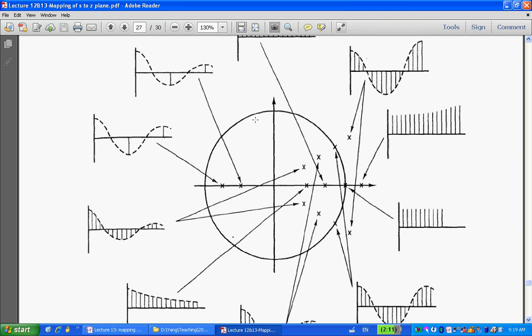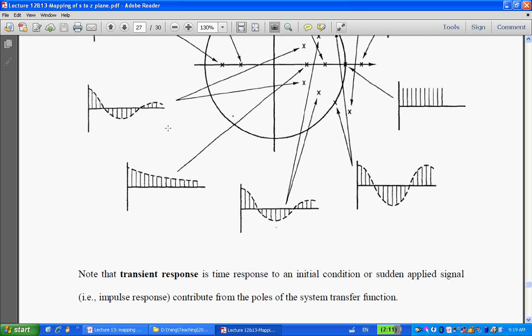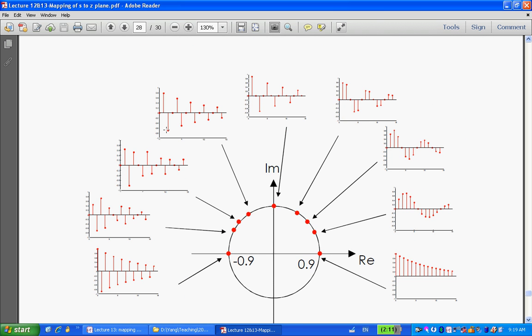For example, if this is a point inside the unit circle in the Z-plane, apparently it's stable. It behaves like that S-plane one there. If on this side, with a negative real part, you will have lots of oscillations, as shown in this one here.